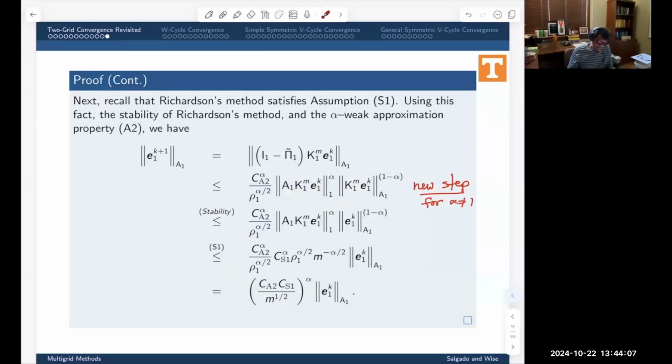Now, once I have this, everything else is pretty cool because now I can apply my first smoothing principle to this guy. If I go back to what S1 looks like, that's a way of relating the norm of an object which looks like this to this smoothing parameter times a product of the spectral radius at level 1 times the number of smoothing iterations.